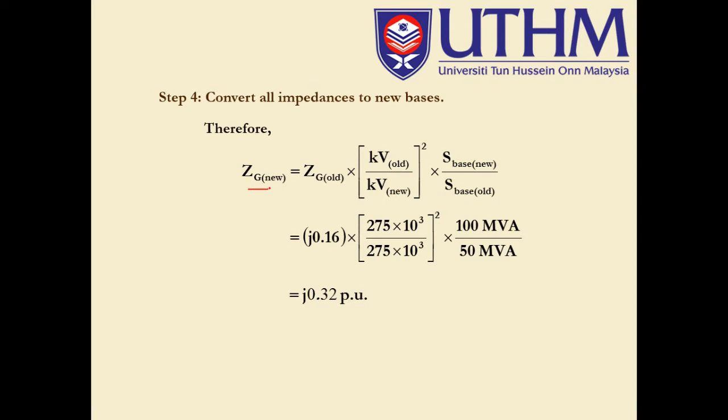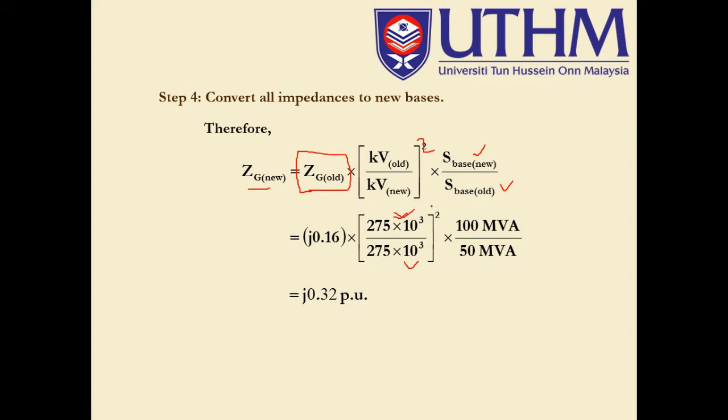So we have ZG, the generator impedance. The old value is provided in the question or in the system. We have this equation: V old over V new, squared, then multiply by S base new over S base old. Normally we have no problem with the V base, whether it is old or new, the value is the same.